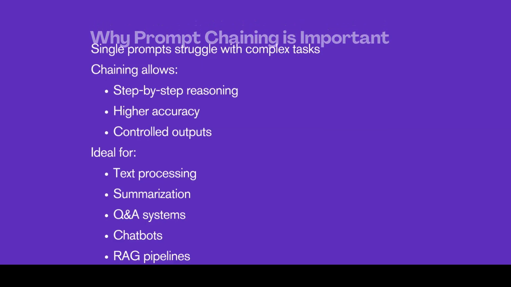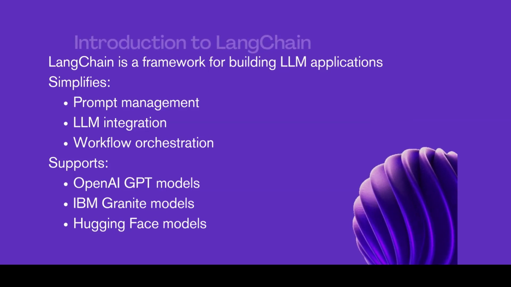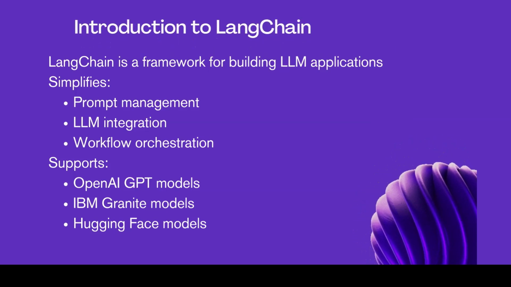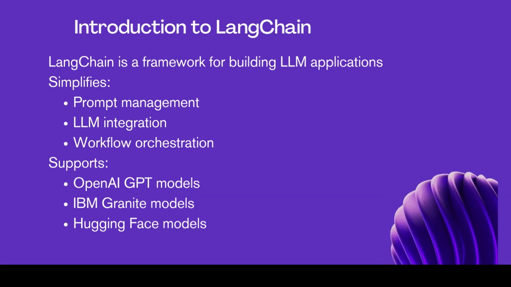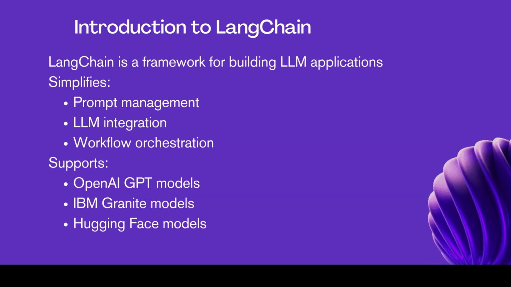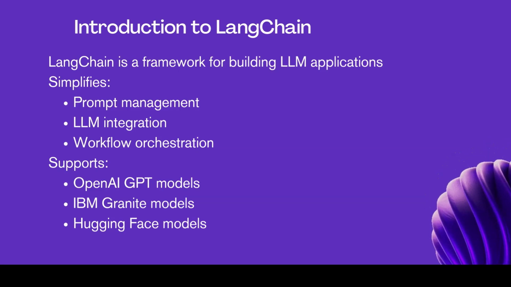Why LangChain? Now, managing multiple prompts manually can quickly become messy. That's where LangChain comes in. LangChain is a versatile framework designed to simplify the creation of prompt based workflows.